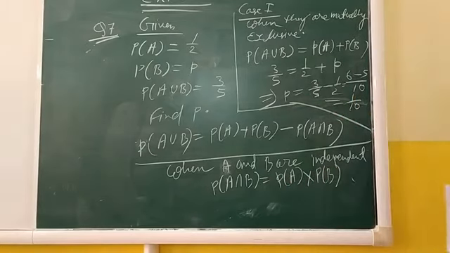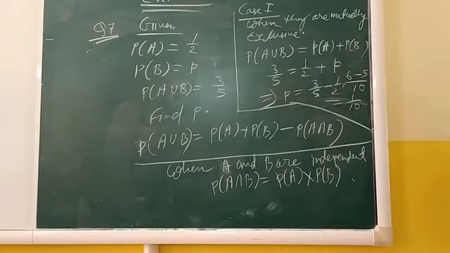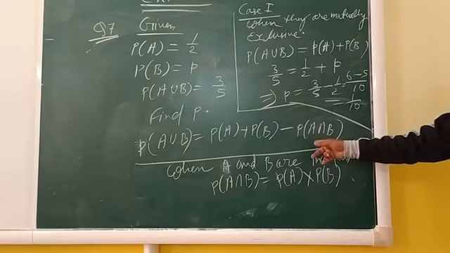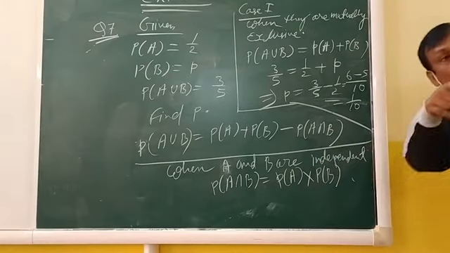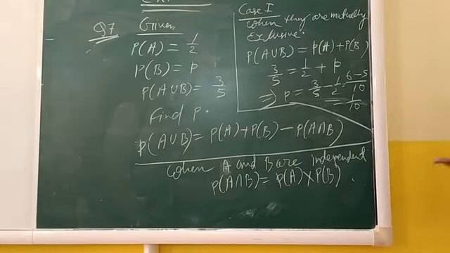Now you tell me what you will do. First of all, you have to find the value of P(A intersection B). From where will you find it? You know the value of P(A), and you know P(B) is small p, which we have to find.